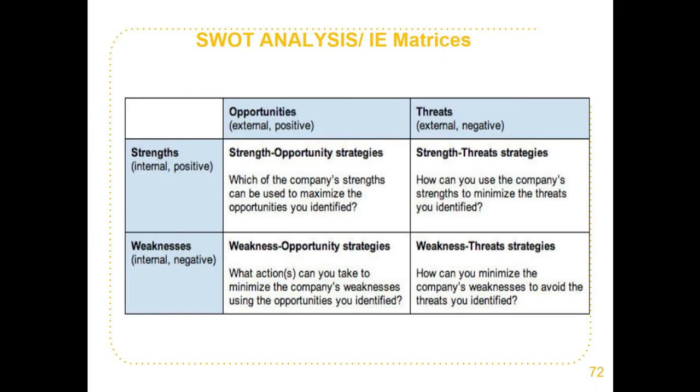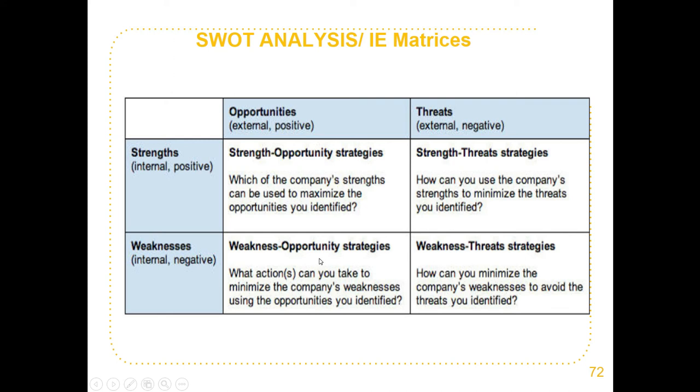In your SWOT analysis, for your internal strength and external opportunities strategies, you try to see which of the company's strengths can be used to maximize the opportunities you identify. For the ST strategies, how can you use the company's strengths to minimize the threats you identify?